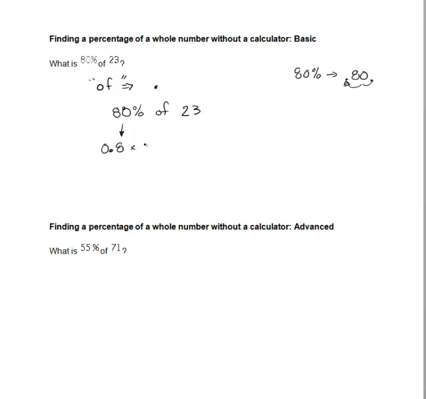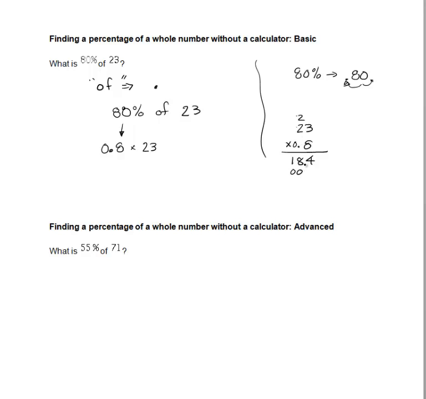Times 23. And then it's a straight multiplication problem, right? So I can work on my scrap paper here. I have 23 times 0.8. Right? So 8 times 3 is 24. Carry the 2, 16, 17, 18, and then 0.